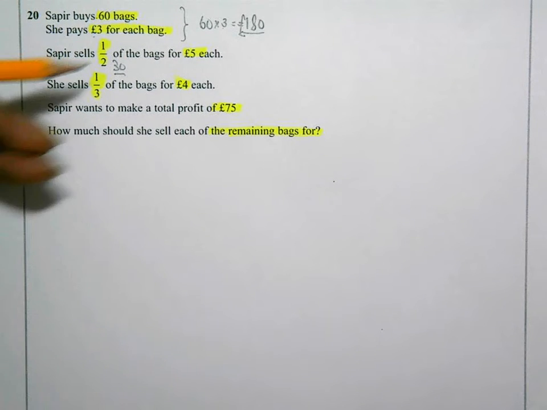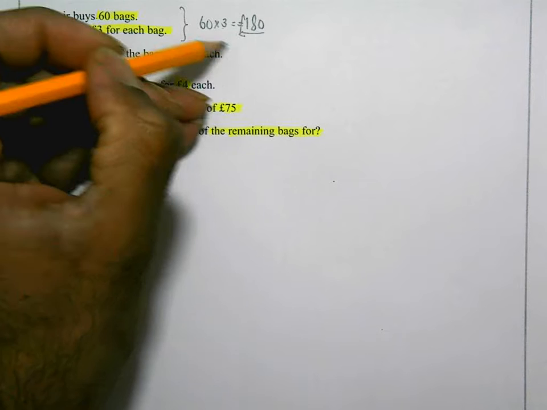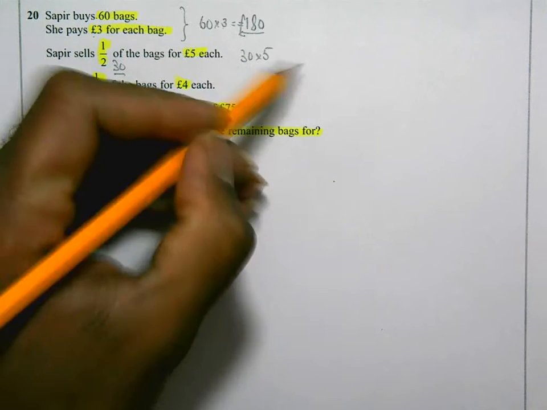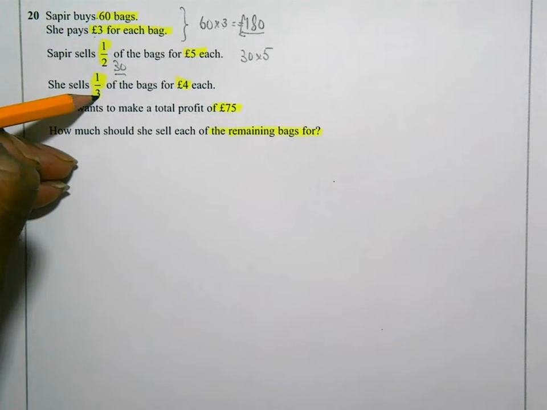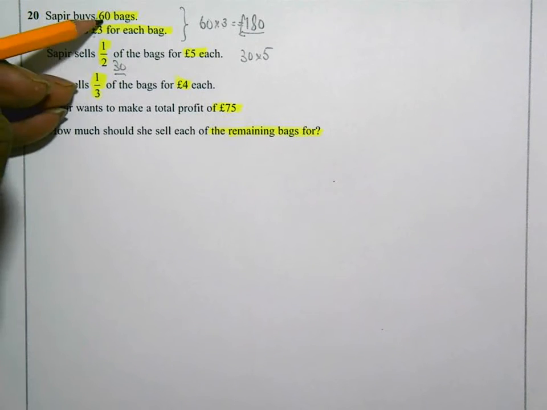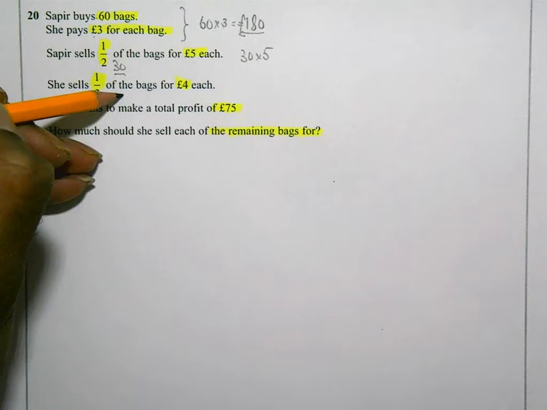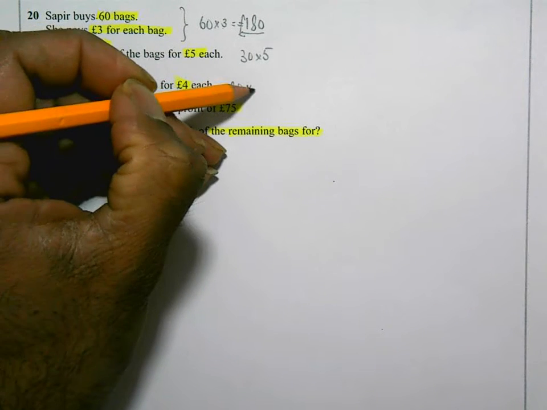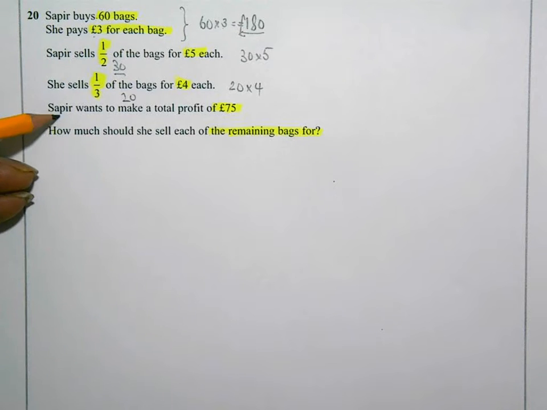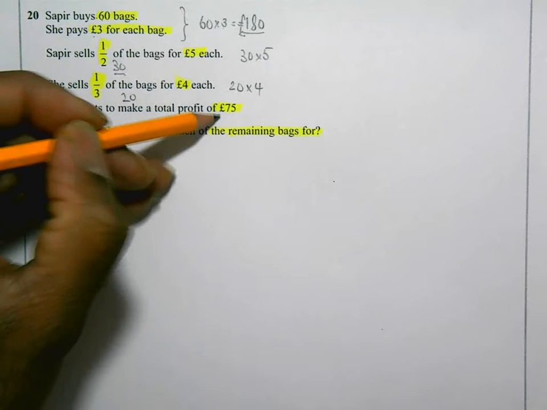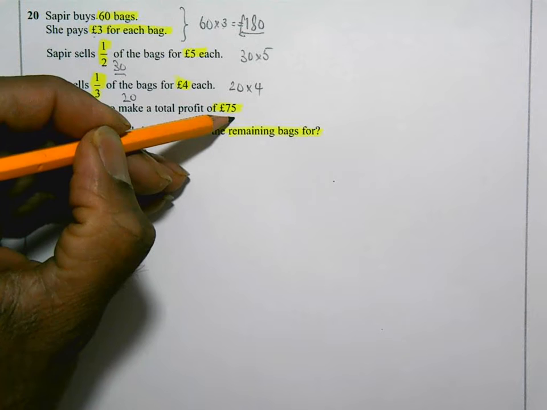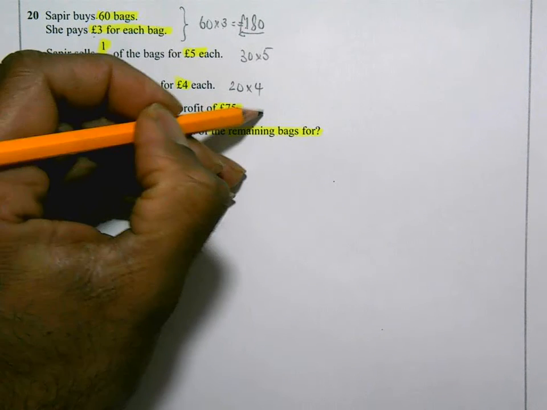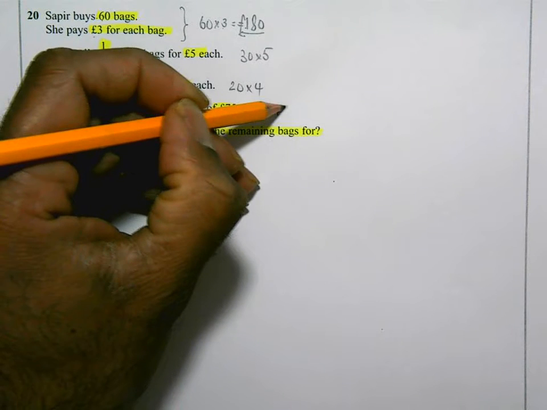So 30 bags for £5, she's going to make 30 times 5 for that, and a third. A third means divide by 3, and 60 divided by 3, so a third of the bags is going to be 20, so how much money does she make from that? 20 times 4. And they said that she wants to make a profit altogether of £75, so she paid 180 for it, so she wants to make 180 plus £75.